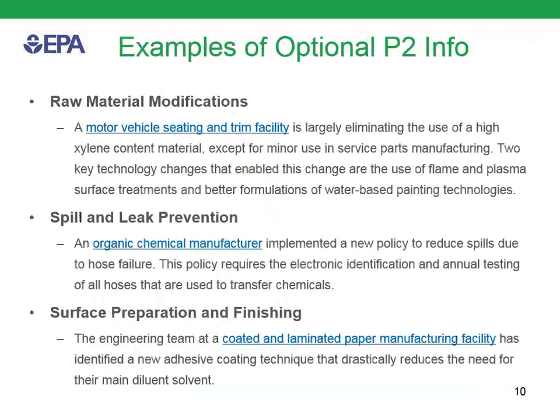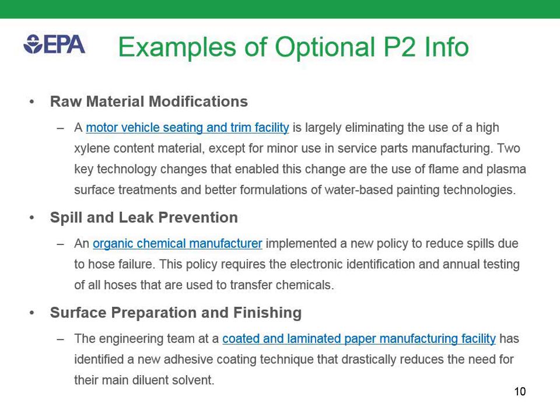So far I've talked through the quantitative release and waste management data, as well as the qualitative but required information on source reduction activities. The last piece that really helps to complete the puzzle in terms of TRI's pollution prevention information is the optional P2 info.